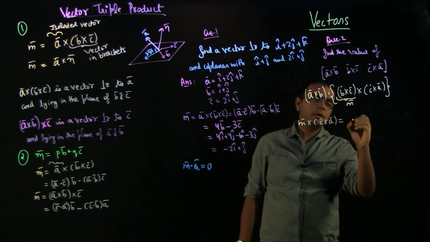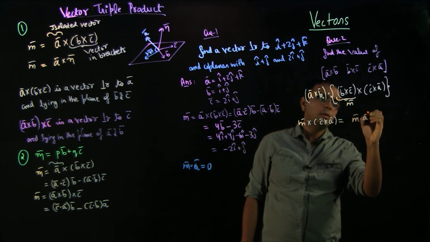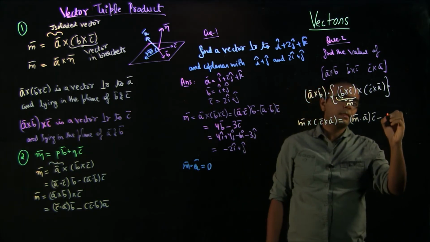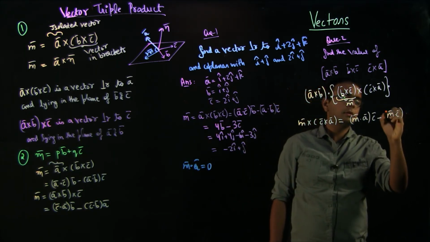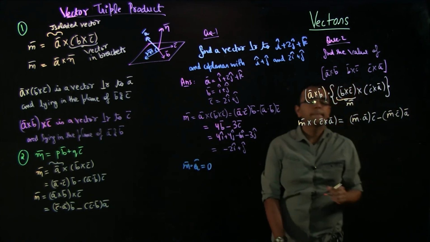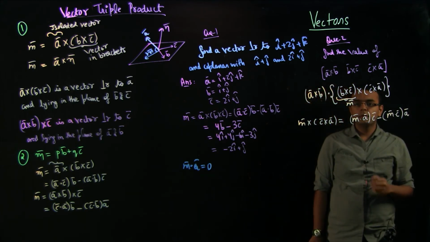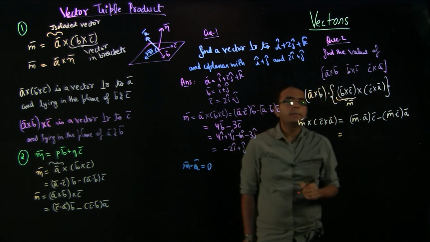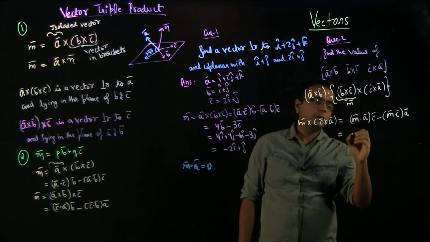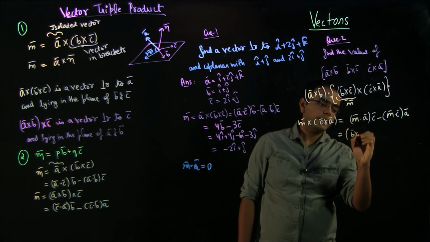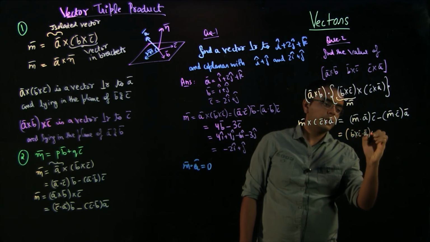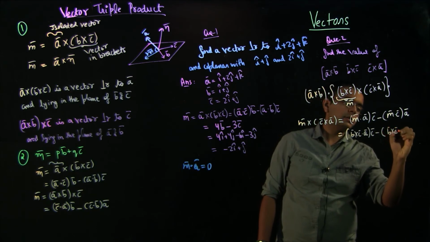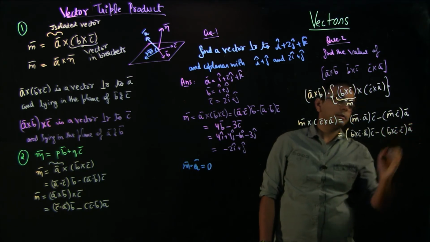This means M dot A into C vector minus M dot C into A vector. M dot A means B cross C dot A into C vector, minus B cross C dot C into A vector.